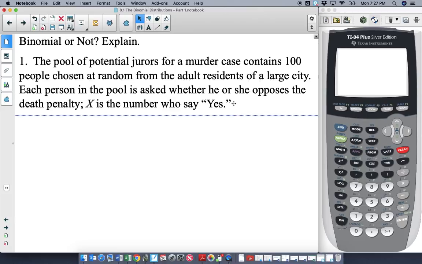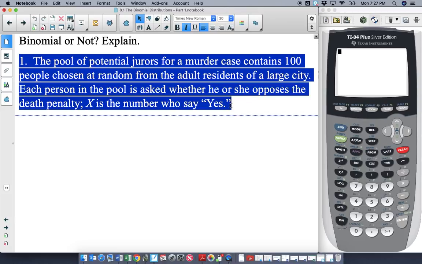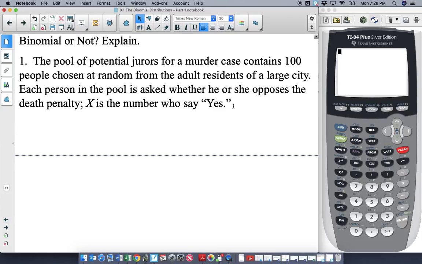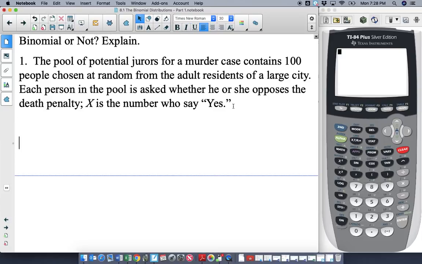All right, so what do we need to check to determine whether this is binomial or not? Yeah, we need to check BINS. So let's go through. B, binary. If X is the number of people who say yes, then assuming that they have to answer yes or no, then yes, this is a binary outcome.